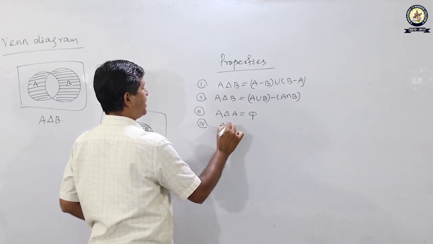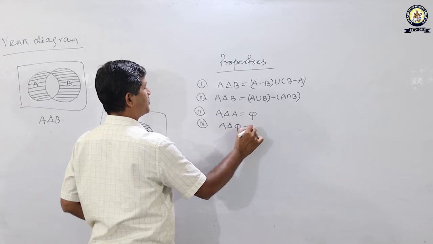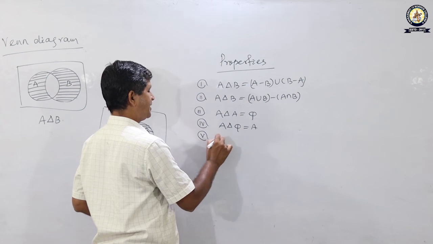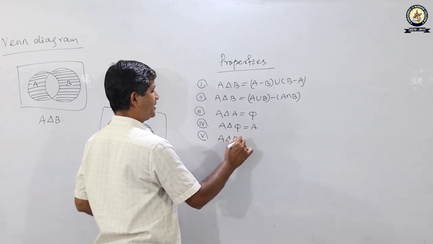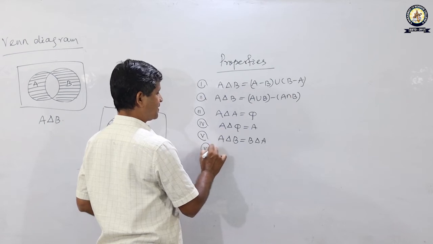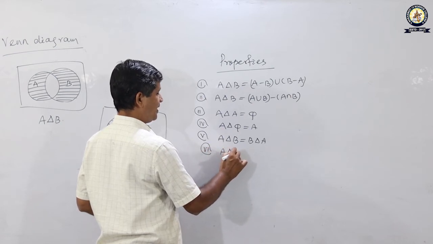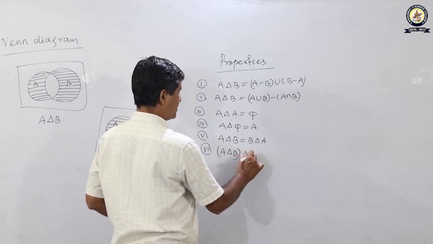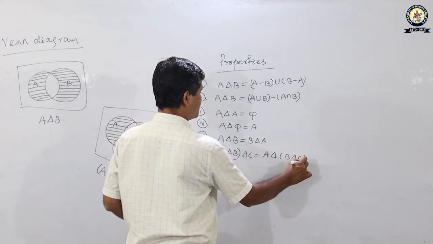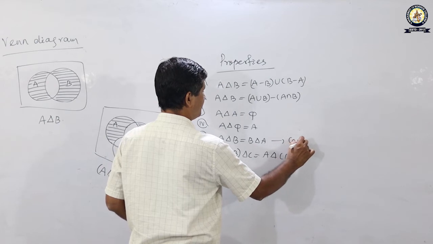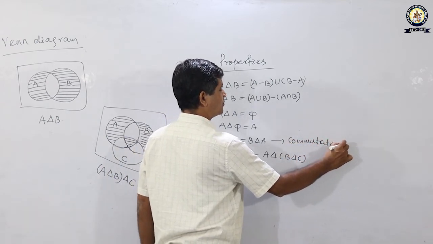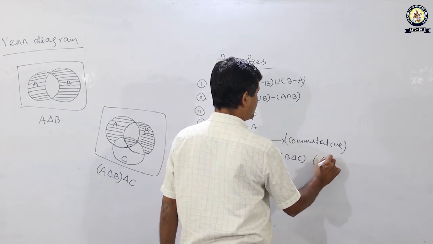Fourth bit, A del phi equals A. Fifth bit, A del B is equal to B del A. Sixth bit, A del B del C equal to A del B del C, means it is commutative, and also satisfies the associative property.